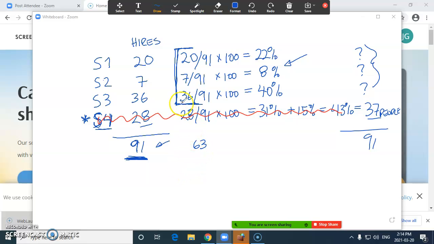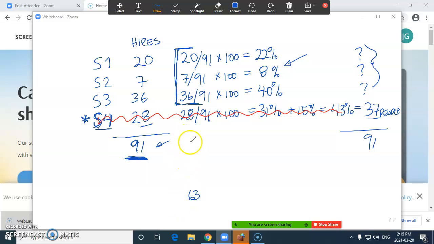Well, the question is, what is the proportion of source 1, 2, and 3 of 63? To figure that out, of course, let me just erase this. So we've got 63 here.